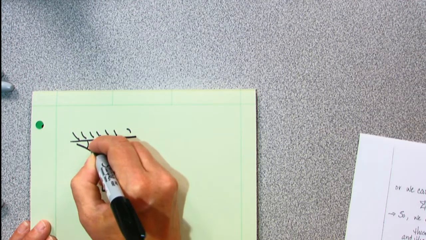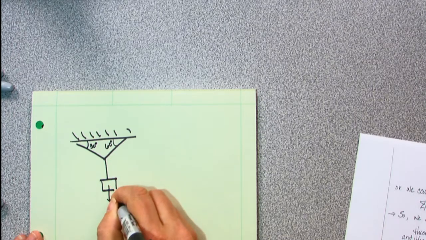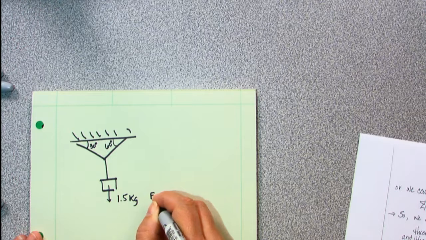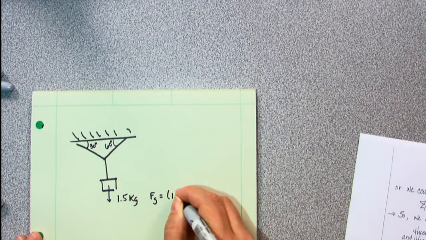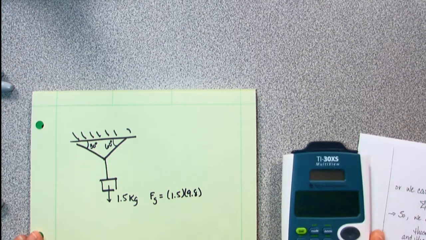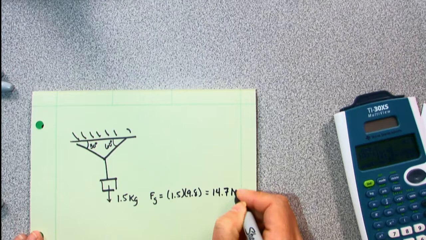This is going to be 30 degrees. This time we're given the lamp as 1.5 kilograms. So I've got to calculate the force due to gravity. It's going to be my 1.5 times my 9.8, which gives me 14.7 newtons.